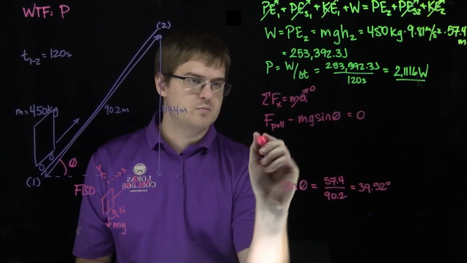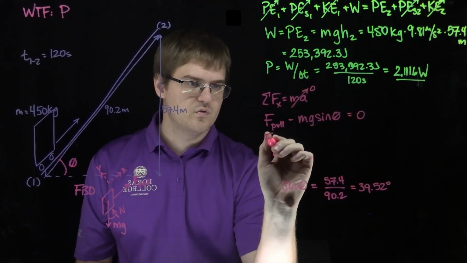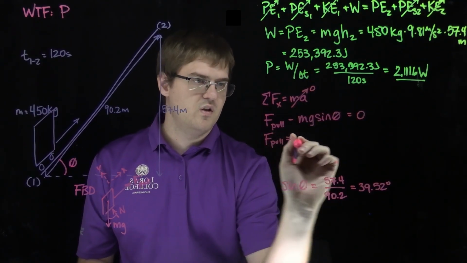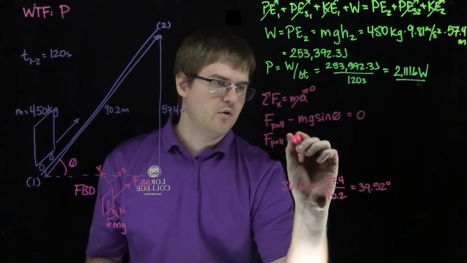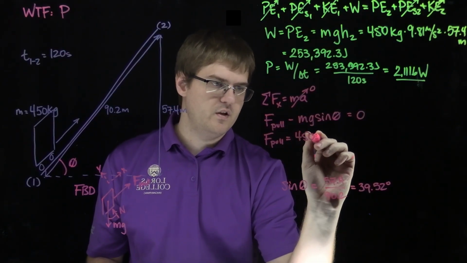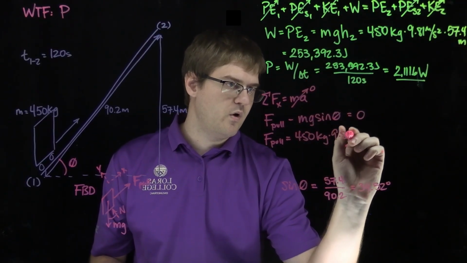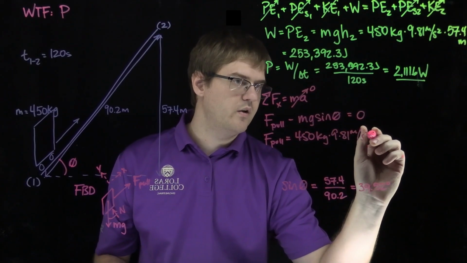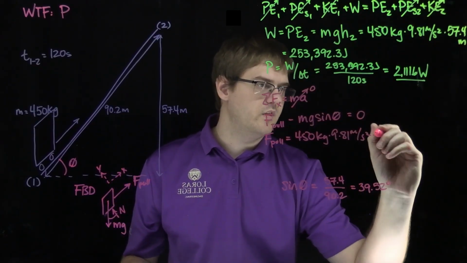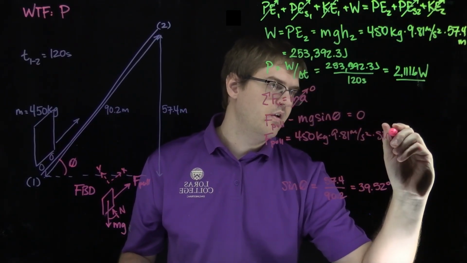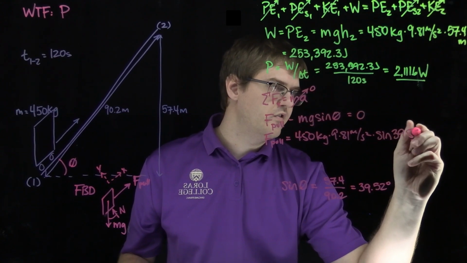So my force pull is going to be my mass, 450 kilograms, times gravity, 9.81 meters per second squared, times the sine of 39.52.